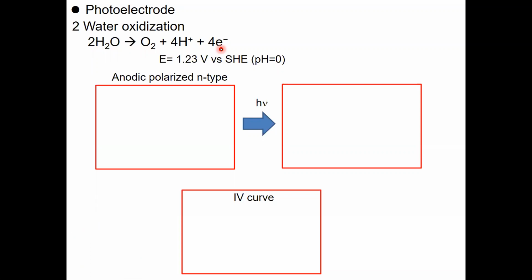As you know, water is oxidized to oxygen, and just using electrochemistry, you need a potential of 1.23 volt versus SHE. So if you apply 1.23 volt to the electrode, you could split the water to oxygen.